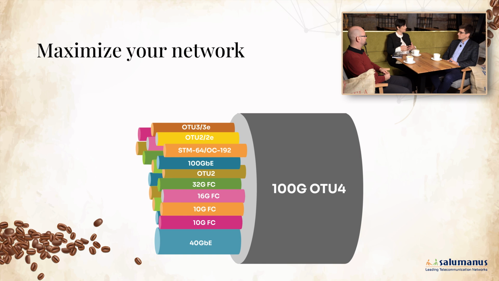But returning to the topic that you mentioned, this is absolutely correct. It gives a transparent OTU2 or OTU4 channel to the client, and the end customer now has the control and ability to manage and deal with their network as they see fit and maximize the use of this OTU channel for their requirements.